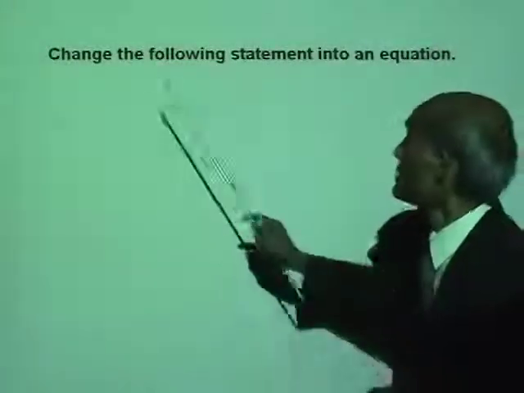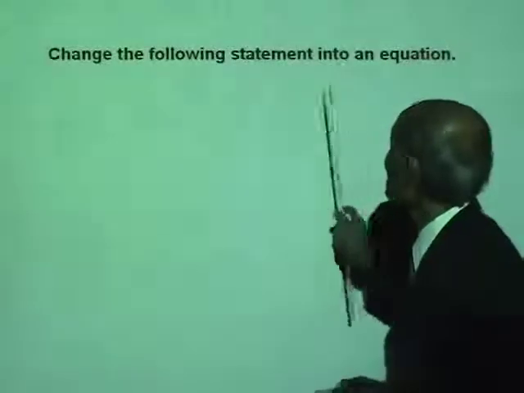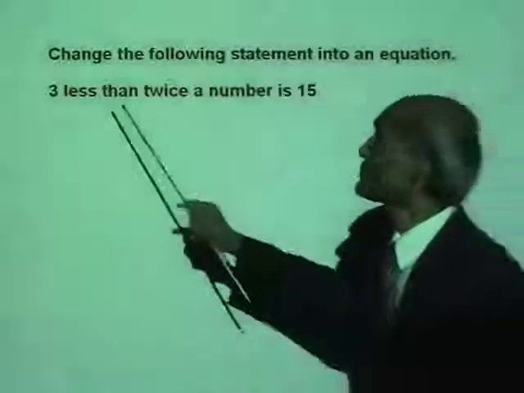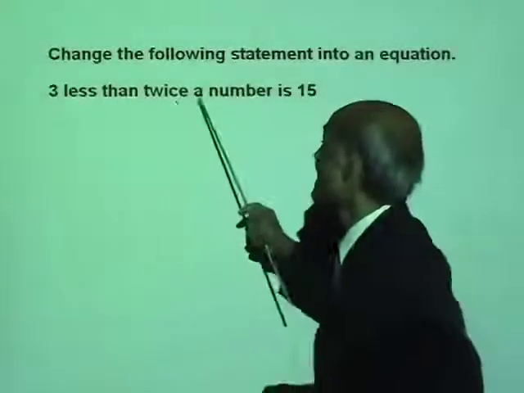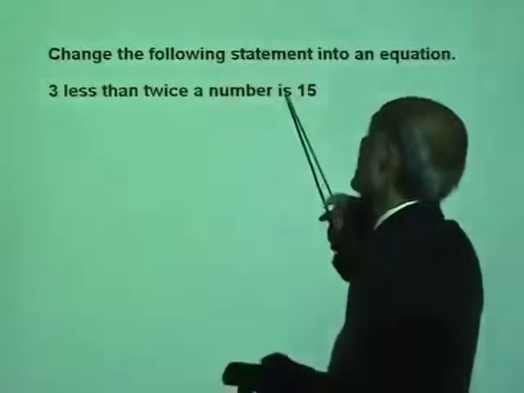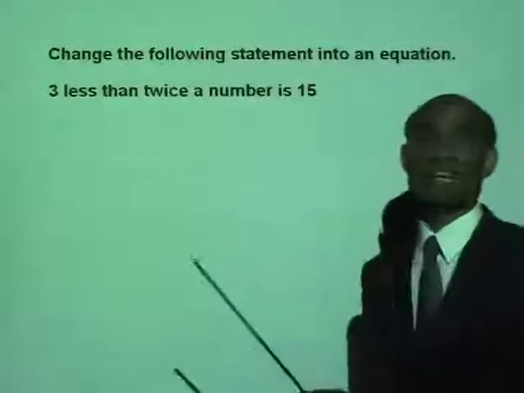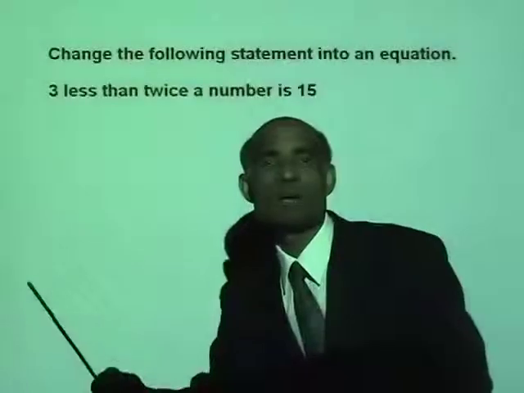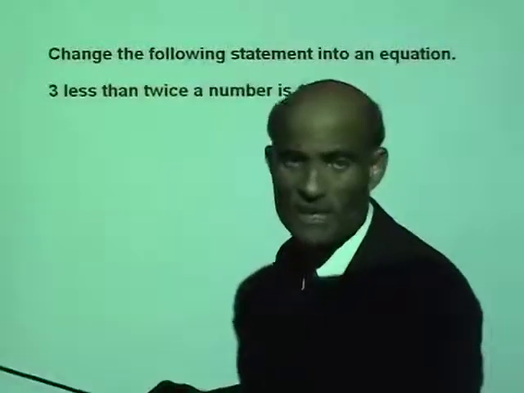Another one. Change the following statement into an equation. Look at the statement. 3 less than twice a number is 15.